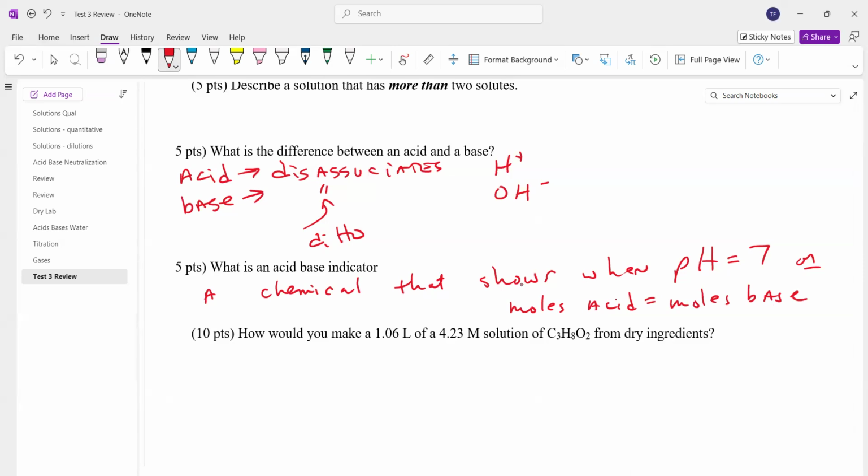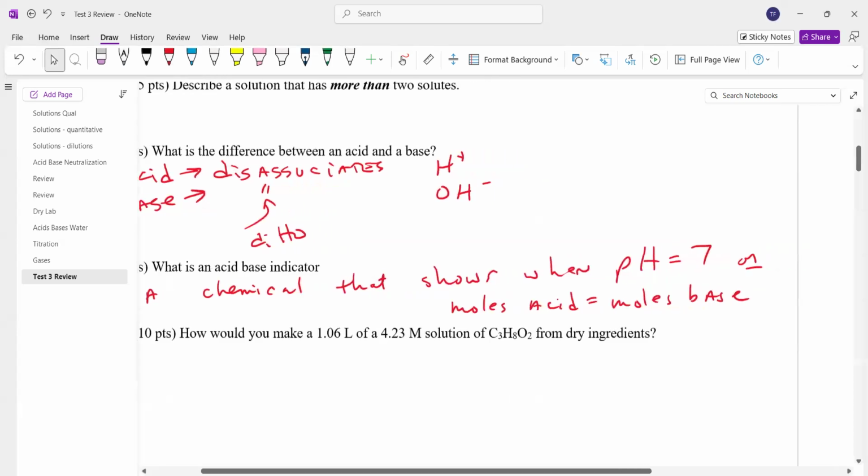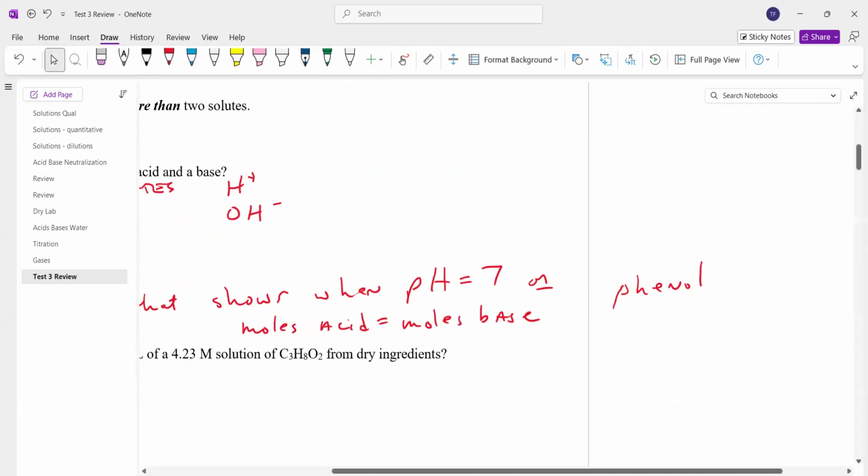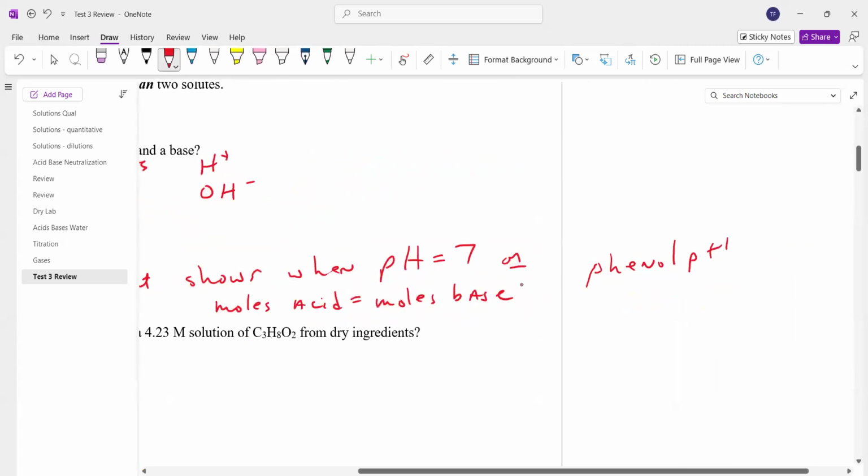What's the name of the acid base indicator we use most of the time? Remember that big long word? Phenolphthalein.